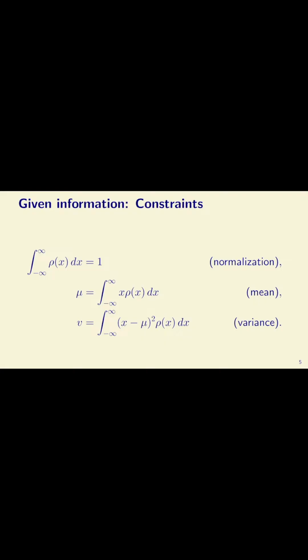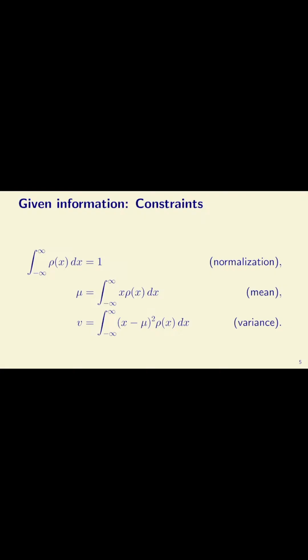That is this. Second, the mean is given by this equation. And third, the variance is defined by this equation. We assume these constants mu and v are known constants.